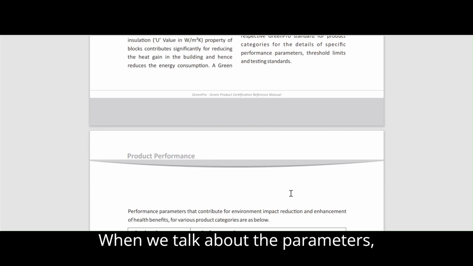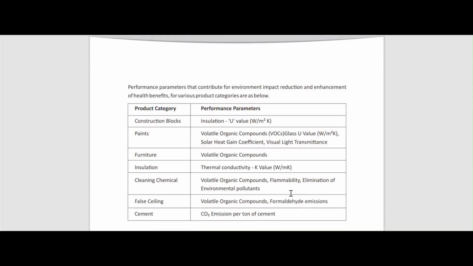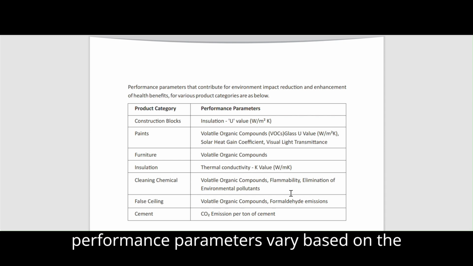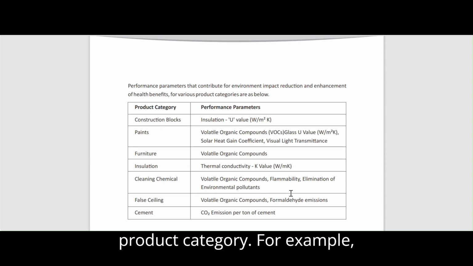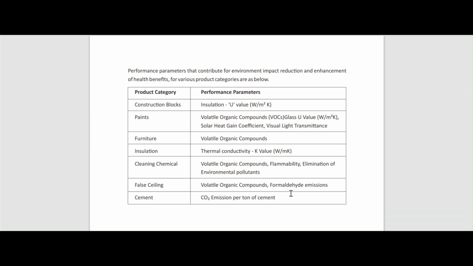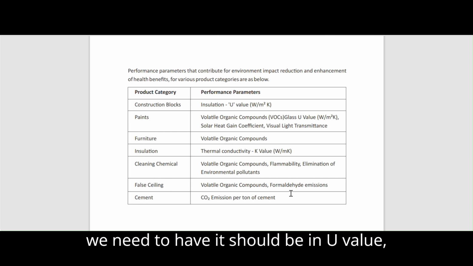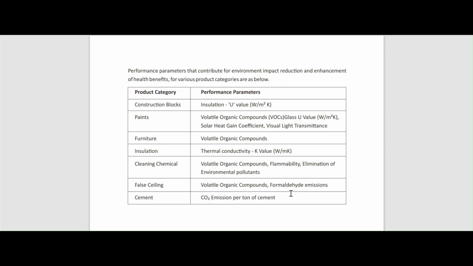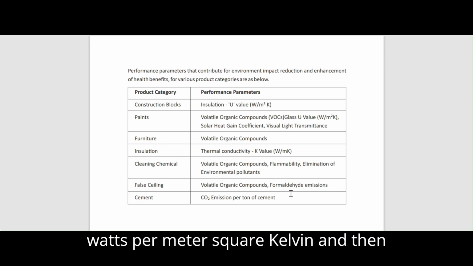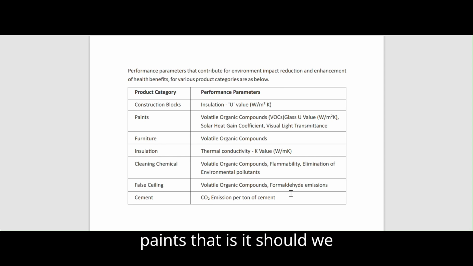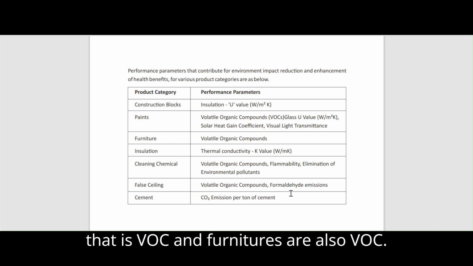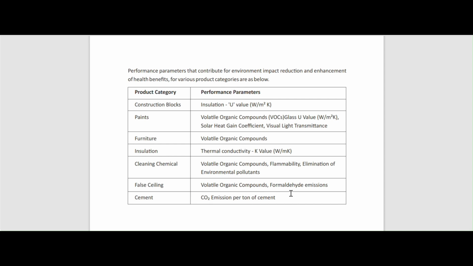When we talk about the performance parameters, green product performance parameters vary based on the product category. For example, for construction blocks, that is insulation, we need to look at the U value in watts per meter square Kelvin. For paints, we look at volatile organic compound, that is VOC, and furniture is also VOC.